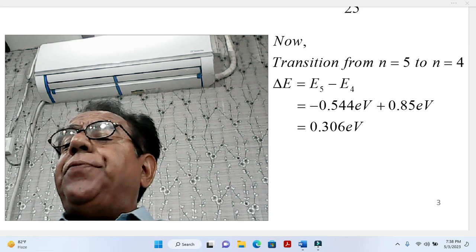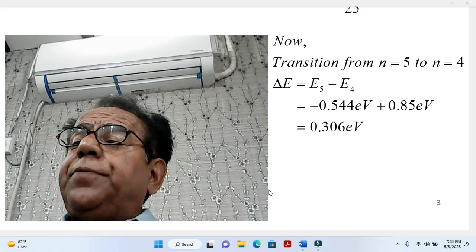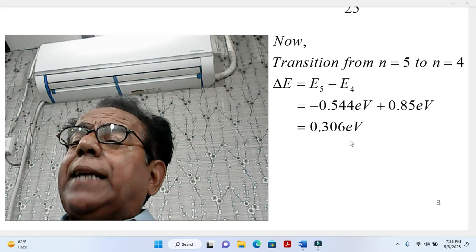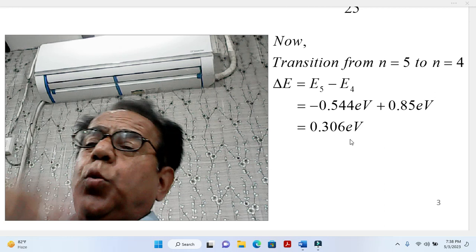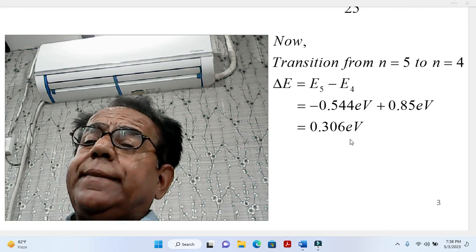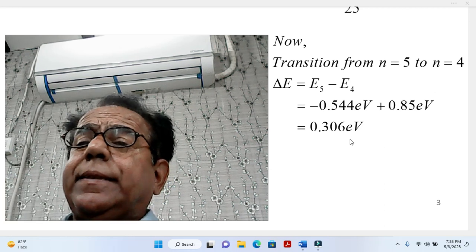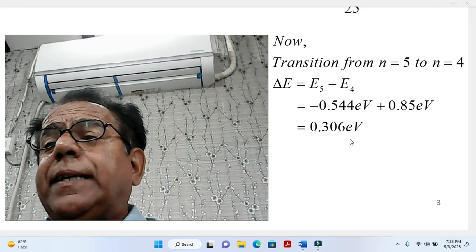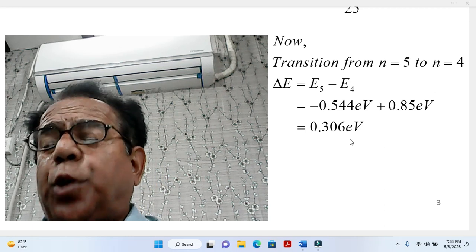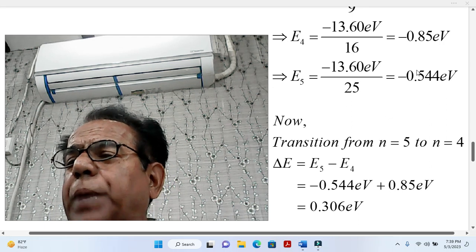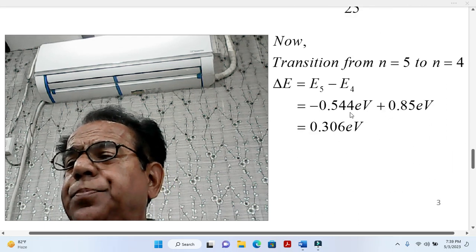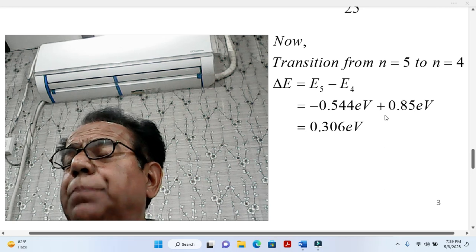So E5 minus E4, the value of E4 is already in minus, so minus into minus, both signs are similar, minus minus, therefore their result is positive plus. Here E4 is equal to minus, but here E4 becomes plus.